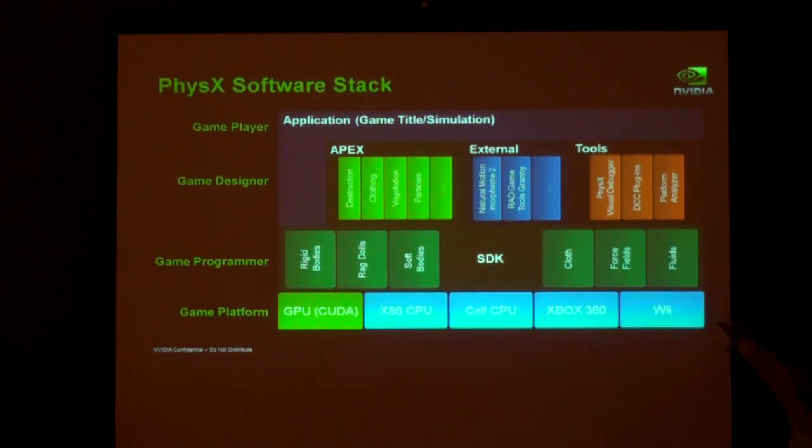The layer above that is basically what the programmers use. A typical game developer has two, maybe up to four physics engineers. Their job is to put together all the physics effects and make sure that's working properly with the AI and the graphics. These are programmers, and they use our physics SDK. There's a whole bunch of functionality in that physics SDK. There's rigid bodies that we talked about previously. Ragdolls: the guy who sits in the rocket sled is a classic example of where you use ragdolls.